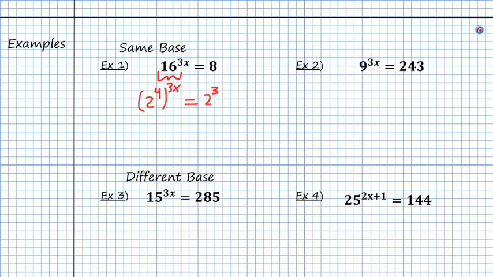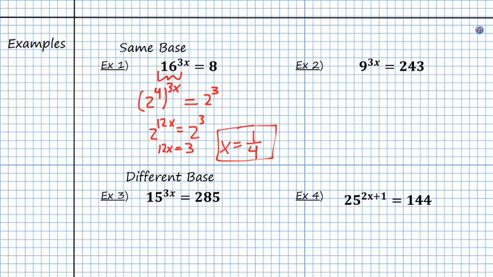So we use our power rule here: 4 times 3x, so that'll be 2 to the 12x is equal to 2 to the 3. Therefore, 12x is equal to 3, and you get that x is equal to 1/4, because 3 divided by 12 gives me 1/4.